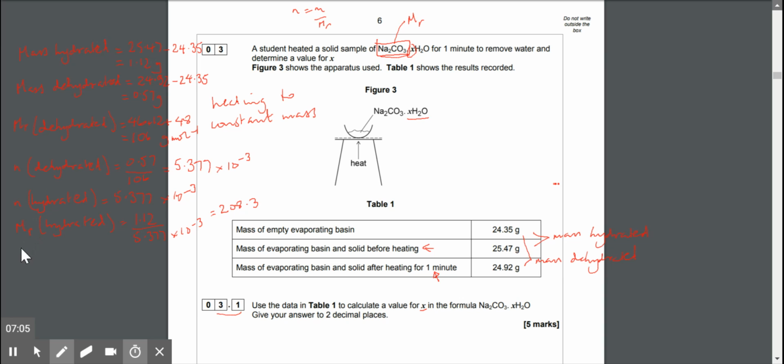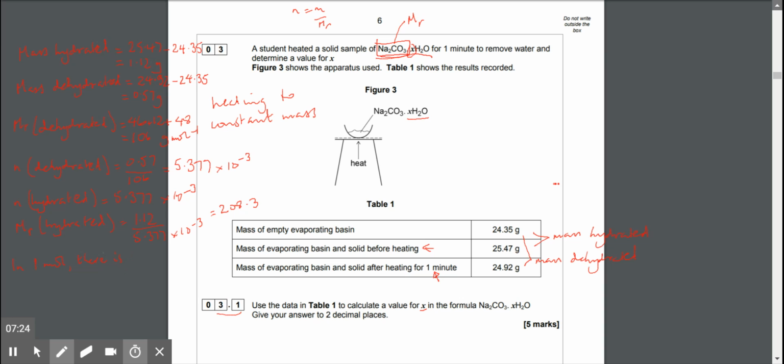So if we think of 1 mole of this whole hydrated stuff, so in 1 mole, there is how much water?